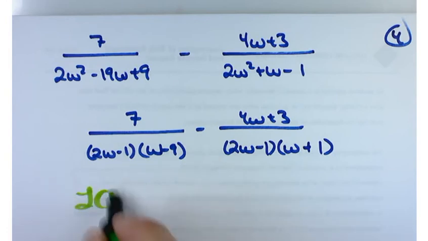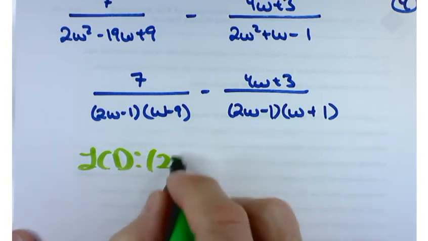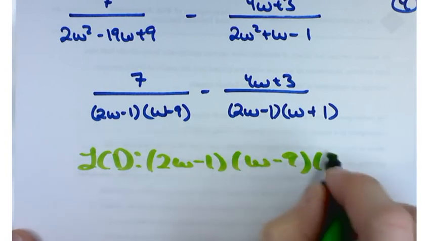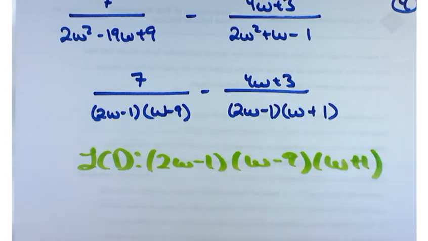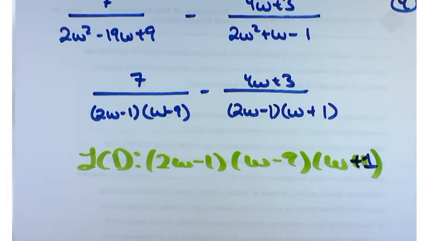So why did we do that? We did that so we could figure out the LCD. Steve, what would the LCD be on this one, please? Good. And that's a plus 1 here. So let's look at our terms here and figure out what we're missing.